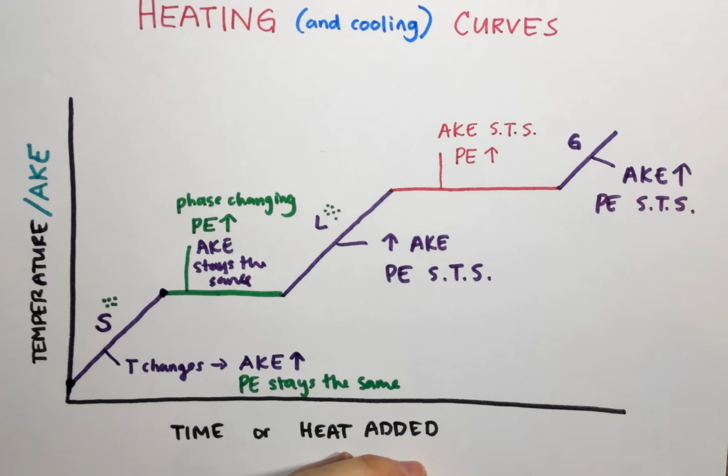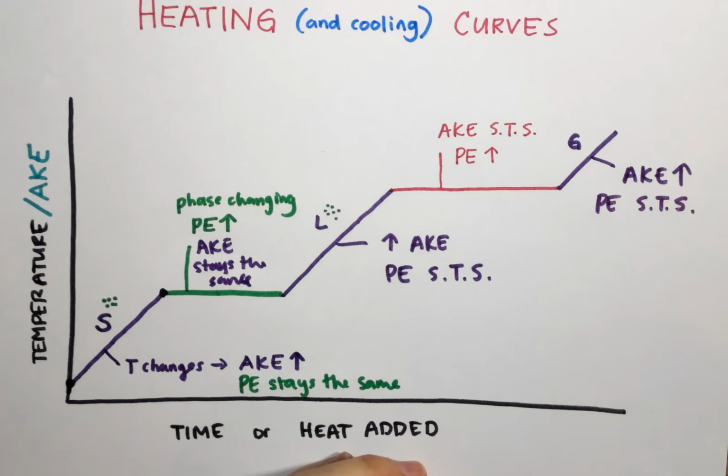However, we know one form of energy has to be changing because heat's being released during this process. That form of energy must be the potential energy. We're losing heat to the environment, so that means the potential energy of our substance must, in this case, be decreasing. So as we cool our pure substance, while the phase changes occur, potential energy is decreasing.